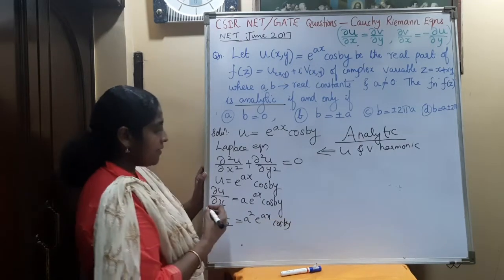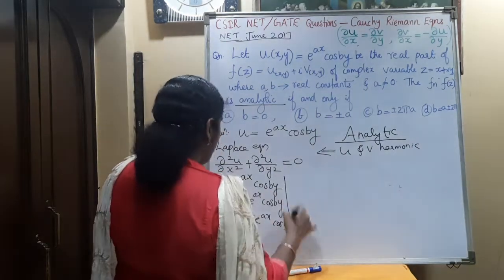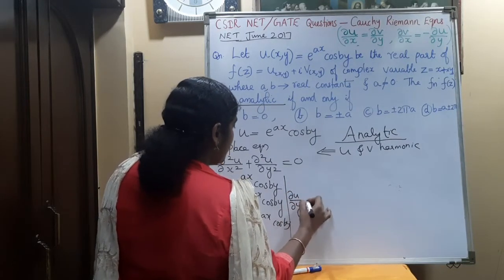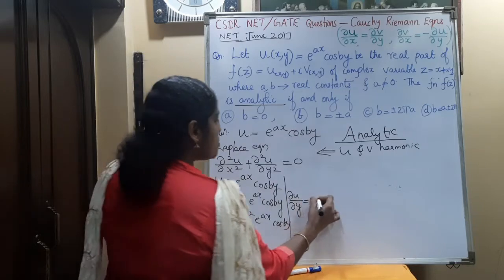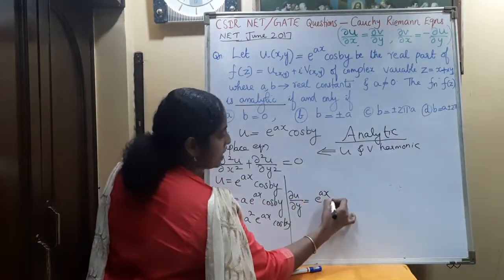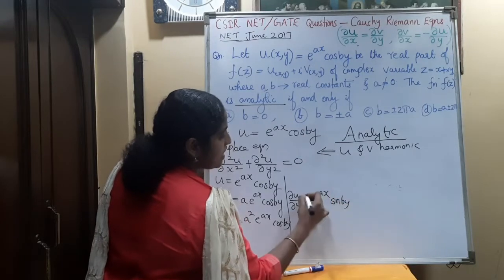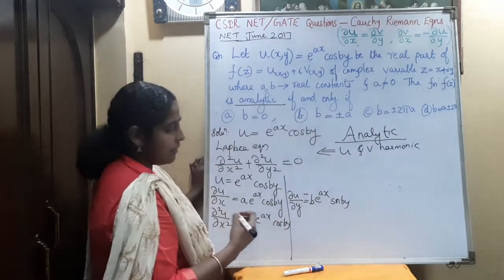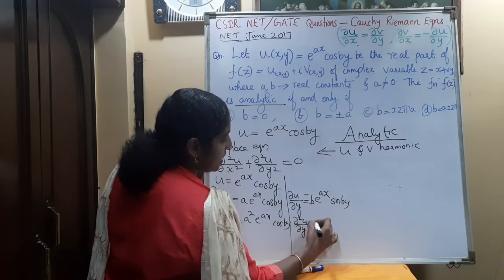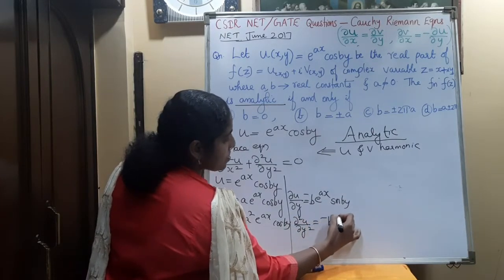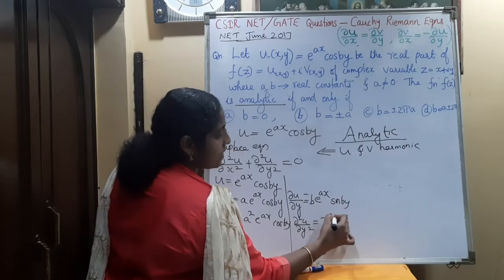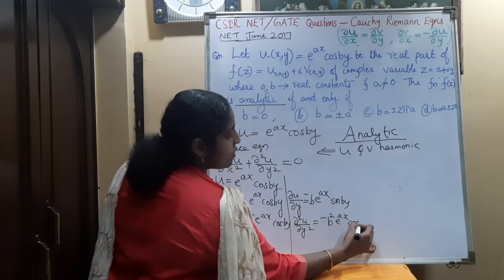Similarly, we can find ∂u/∂y. ∂u/∂y is equal to e raised to ax times the derivative of cos by, which is minus b sin by. And ∂²u/∂y², the second order derivative, is minus b e raised to ax, the derivative of sin by is b cos by, so we get minus b square cos by.